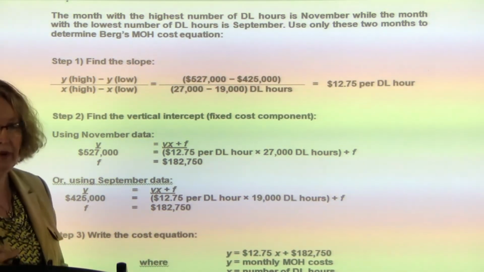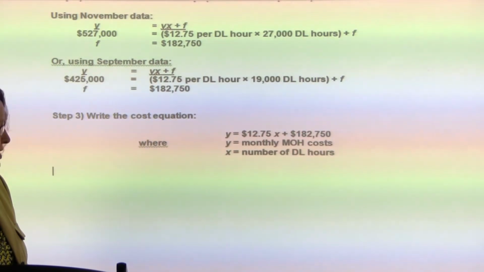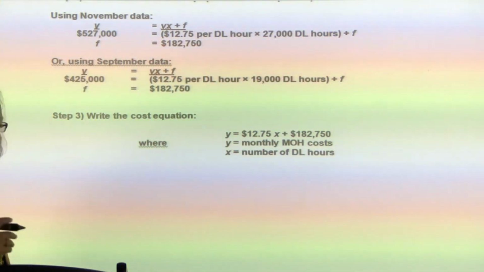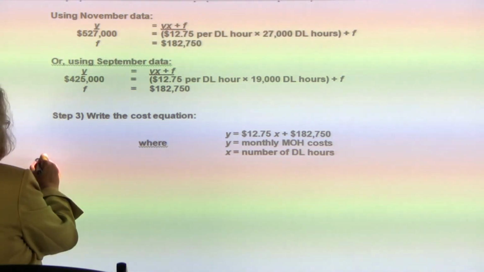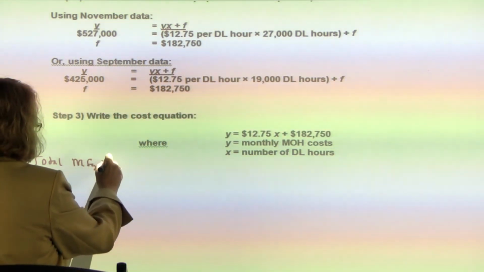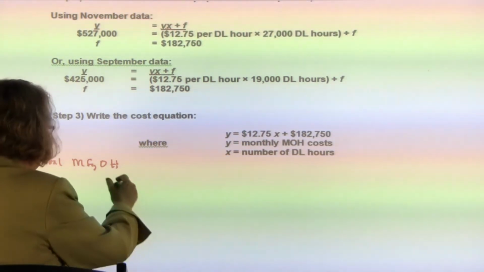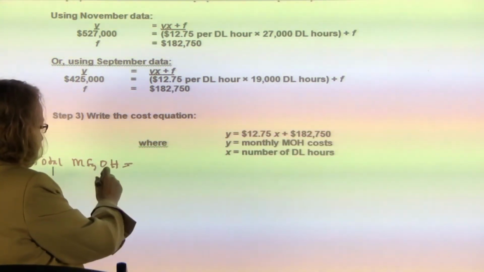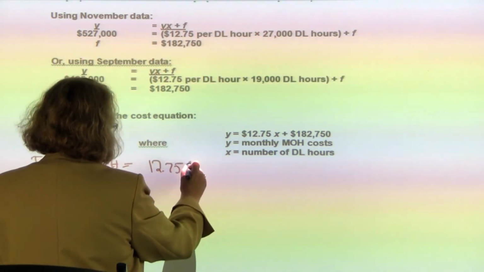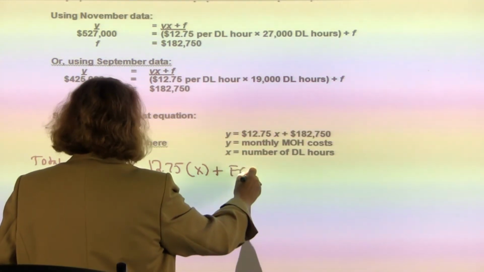Now that we know the variable cost, we want to solve for the fixed cost. We take the total manufacturing overhead for the highest month, which is the 527. Its total manufacturing overhead is going to be equal to 12.75 times X plus your fixed cost.